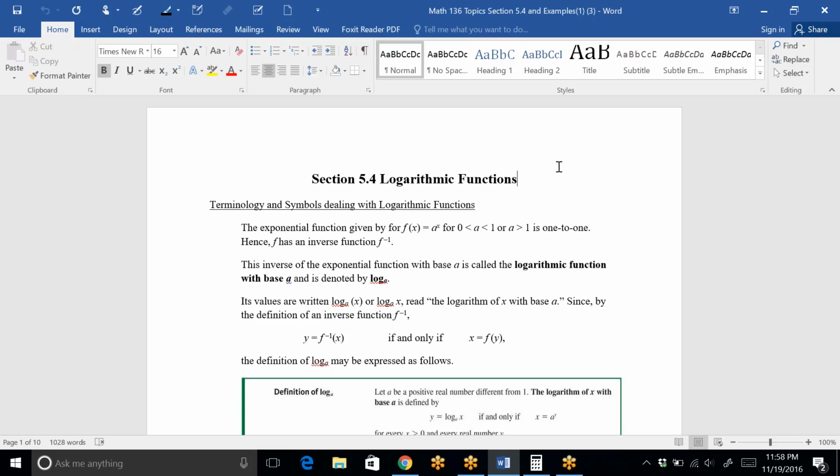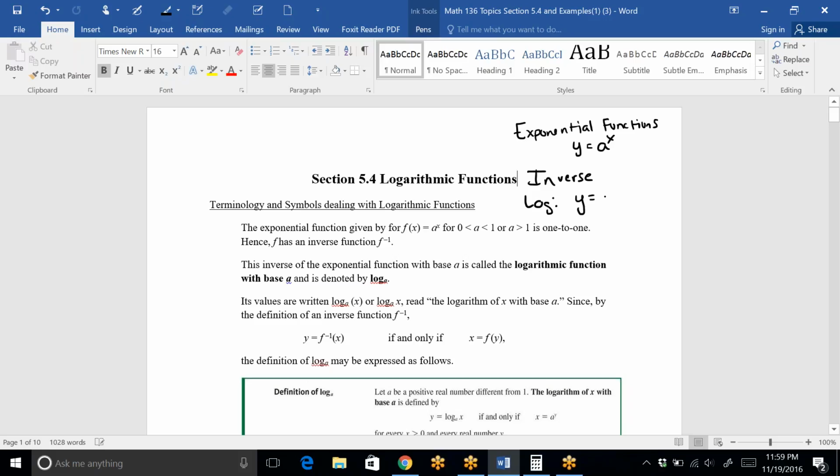So 5.4, we started a little bit of this in class, but I want to expand upon it and actually show you what we need you to know how to do from this section. It's trying to remind you that every function that is one-to-one has an inverse, and exponential functions, which remember are things like y equals a to the x, have an inverse, and that inverse is called a logarithm, which I just abbreviate as a log.